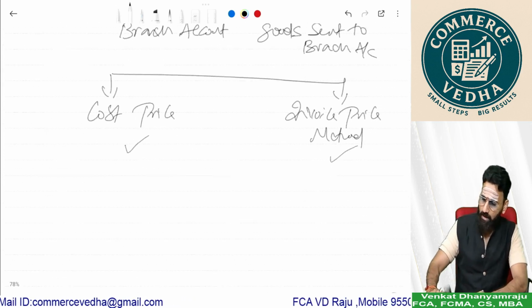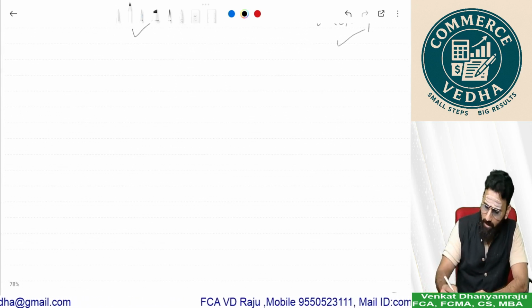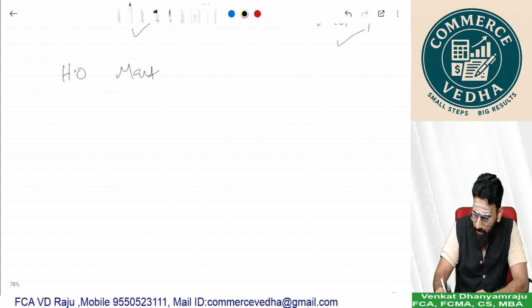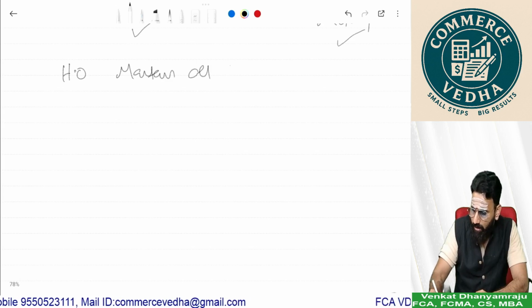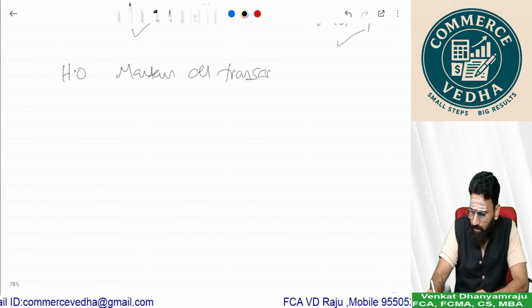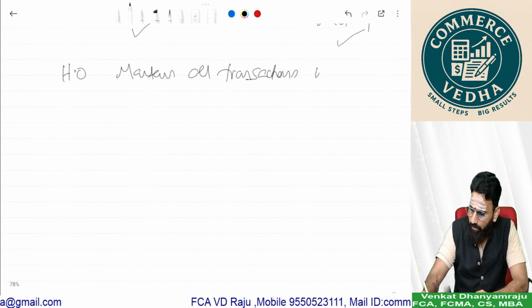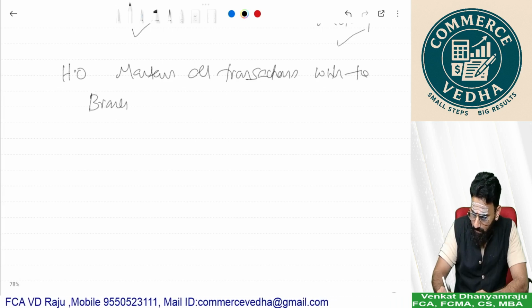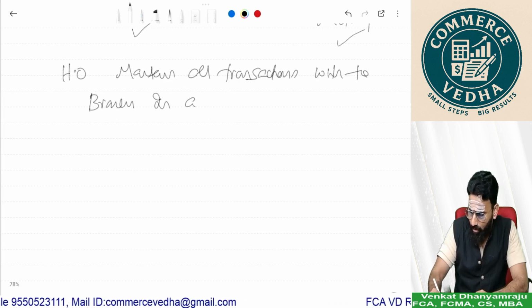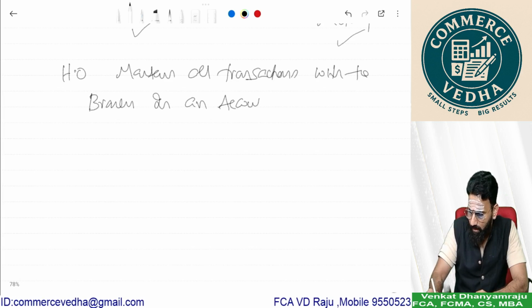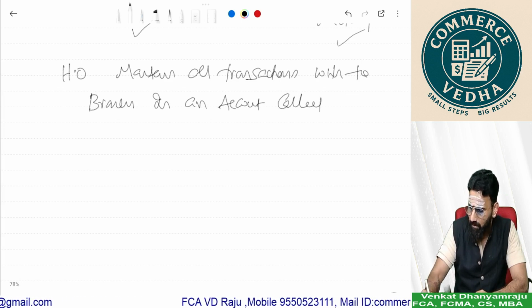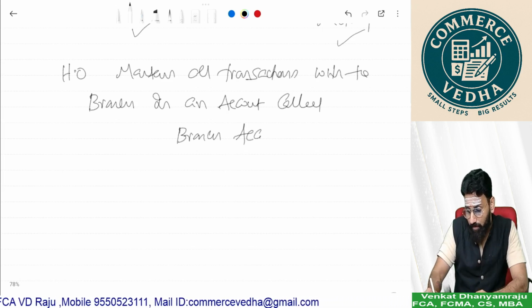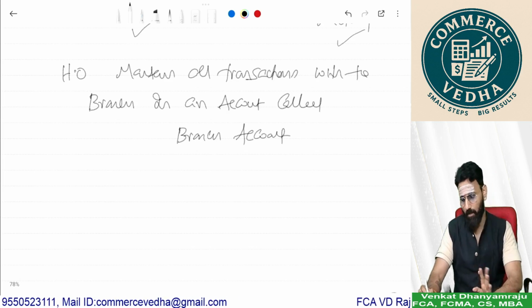This method actually records that HO maintains all transactions with the branch in an account called branch account for each branch separately.